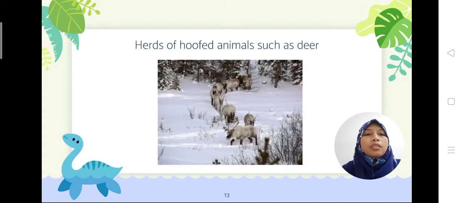And also herds of hoofed animals such as deer. They will go somewhere warmer, and when summer comes, they will come back to this place and eat any food that has grown in the area.